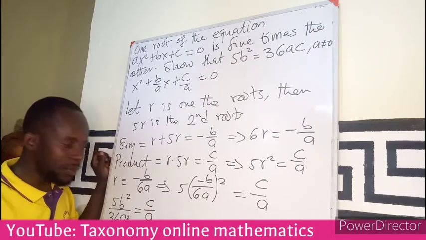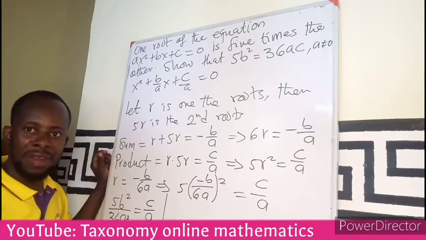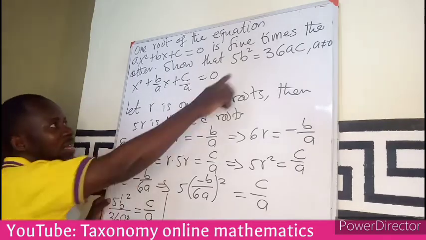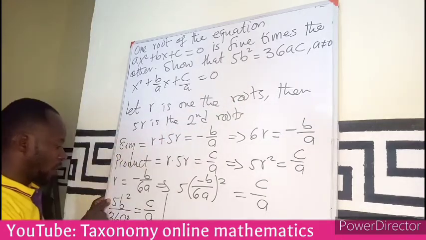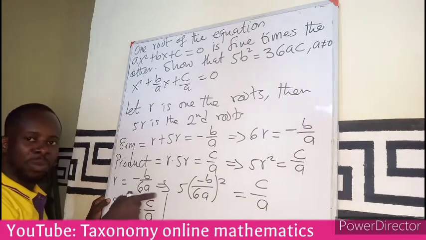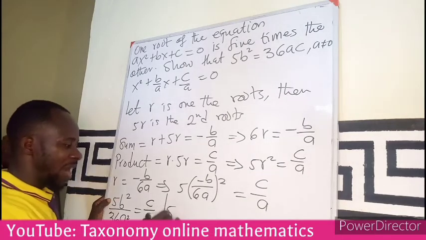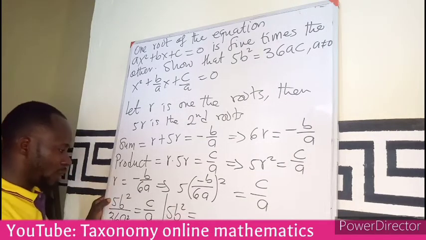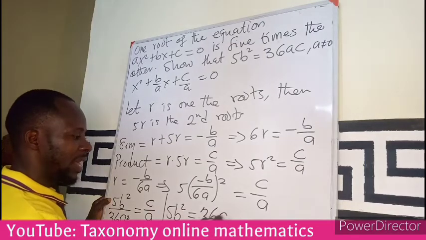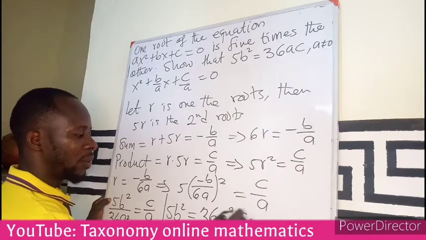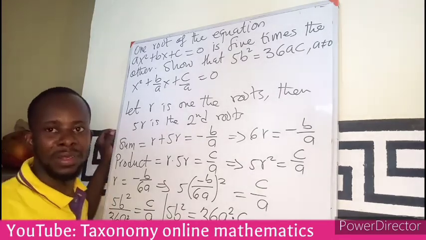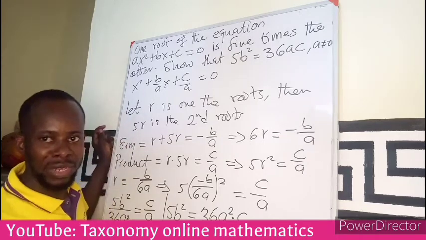Alright. So if that's what we get, it means that we want to maintain 5b squared. If I maintain 5b squared, the whole of this denominator is going to multiply the c. So I have 5b squared equals, this is going down, so we have 36a squared multiplying c, all over the denominator a. I believe we can send our mind back to indices.